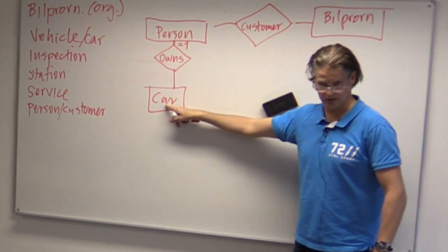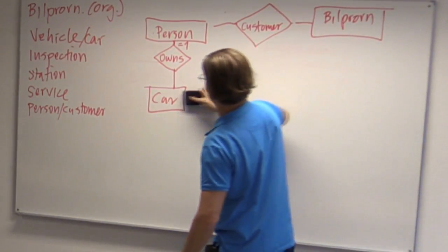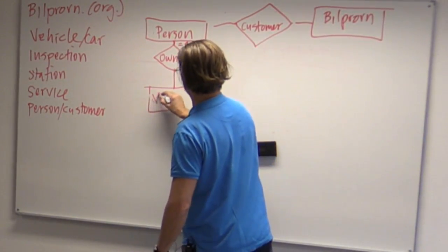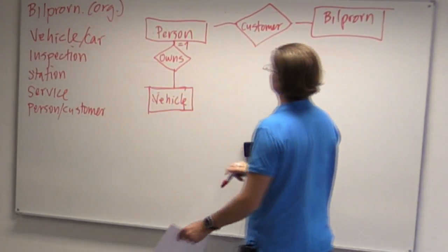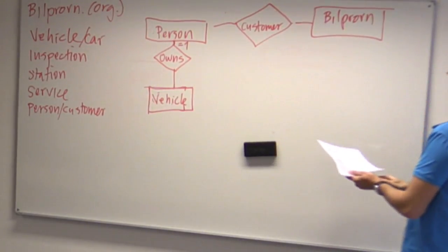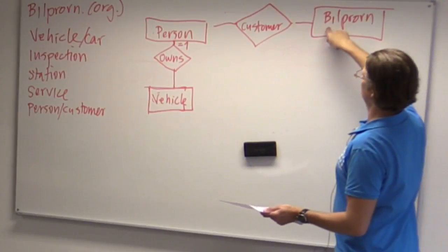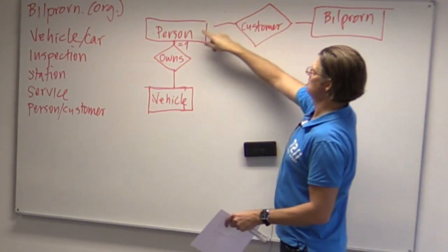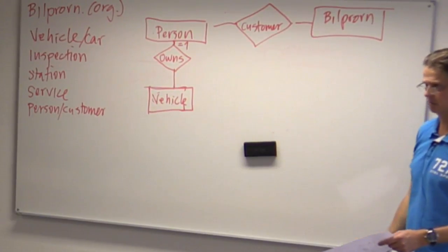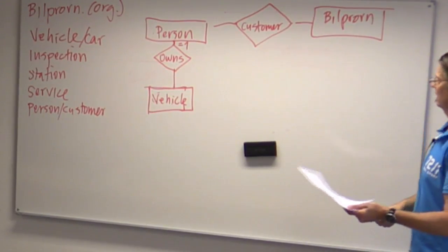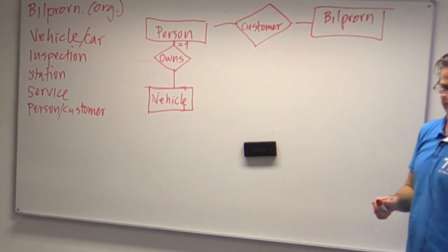We are very specific here. We are too specific. So let's add that to a vehicle instead. That organization can have many persons, and a person can be attached to. I wonder if we have to model that, but there is only one bilprovningen.